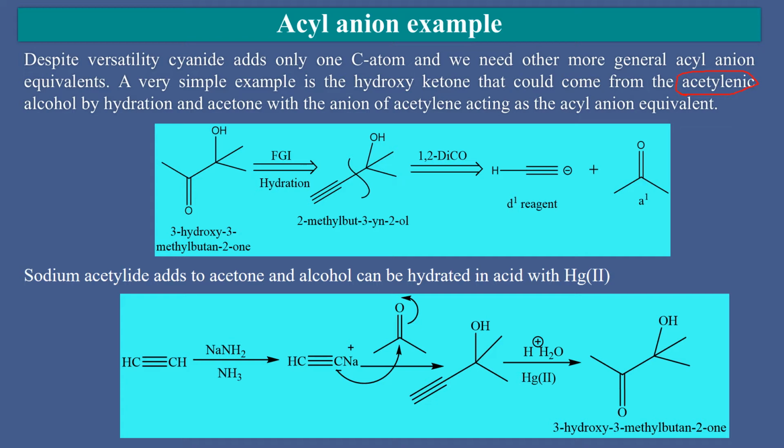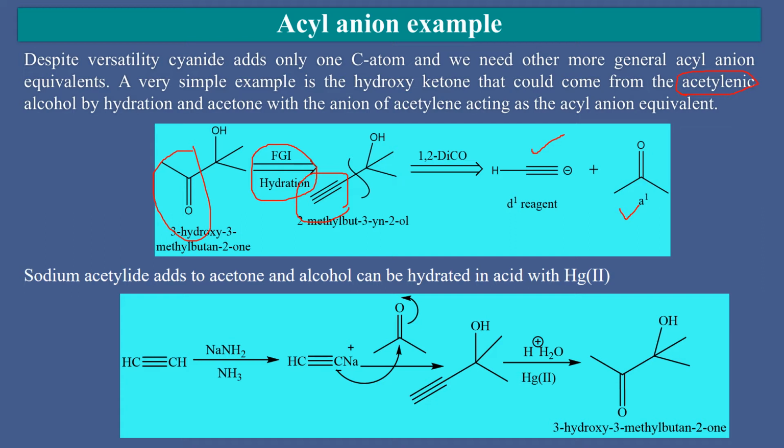So here it is an alpha hydroxyketone. By using FGI, this ketone is converted into the acetylenic reagent. When it is disconnected, one is the donor synthon and the other is an acceptor synthon.